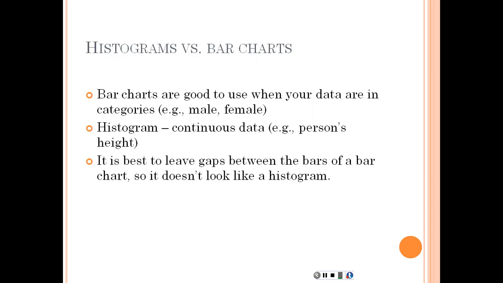So how do we know when to use histograms and when to use bar charts? Bar charts are good when your data are in categories, like males and females, or, just like our examples, students receiving an A, B, C, or D, or our first example, people's favorite fruits.